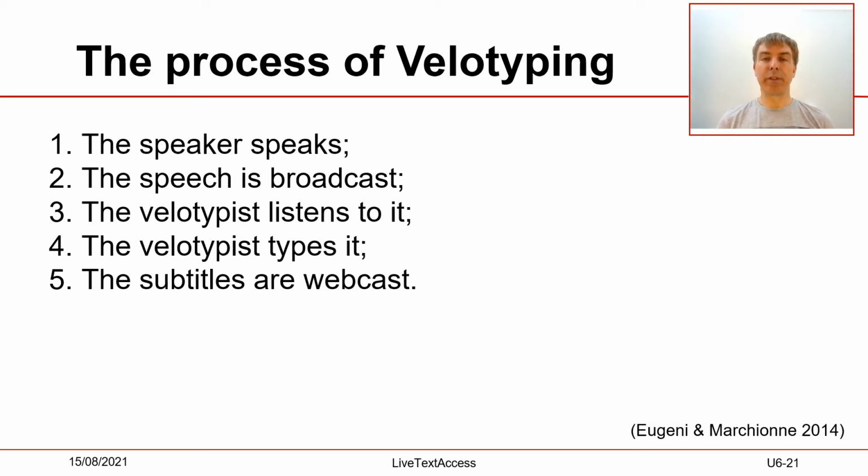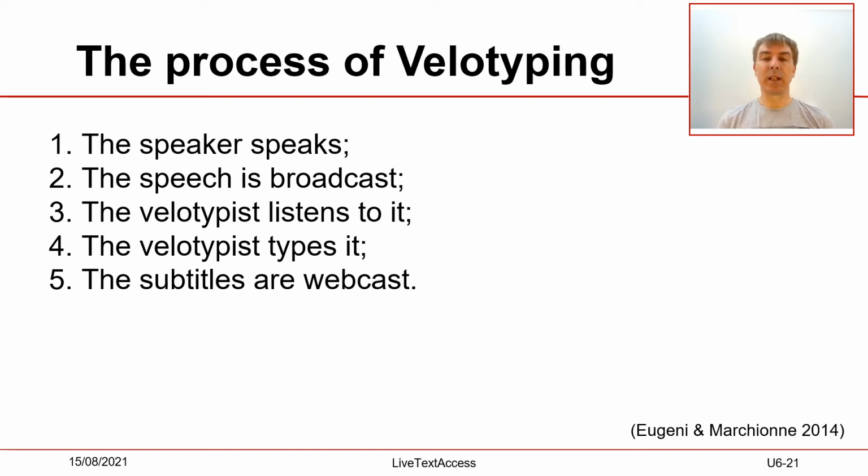The third step is the velotypist listening to the video to subtitle and trying to understand what the speaker says. The fourth step is the velotypist repeating, reformulating, or translating what the speaker has said by typing a repetition, reformulation, or translation on the fantastic keyboard called Velotype. Step number 5, the subtitles are finally sent on air and the audience can read them with a delay that ranges between 1 to 6 seconds, depending on the workflow.